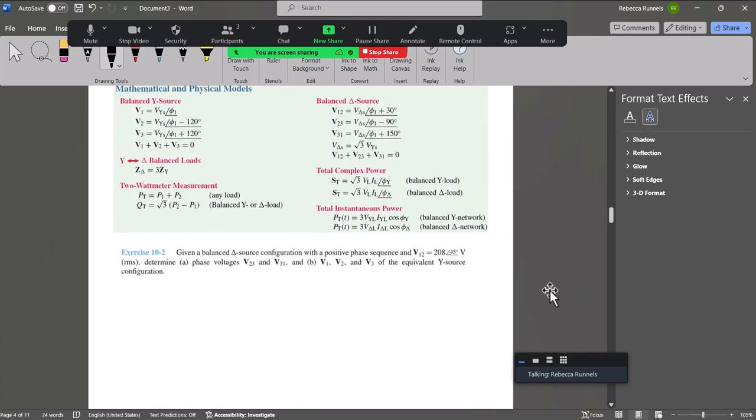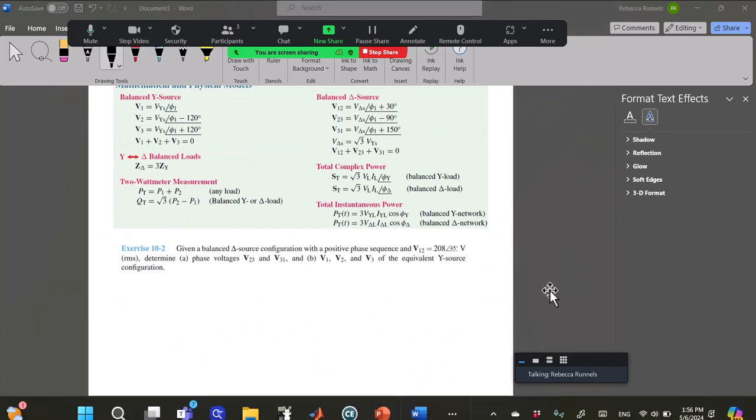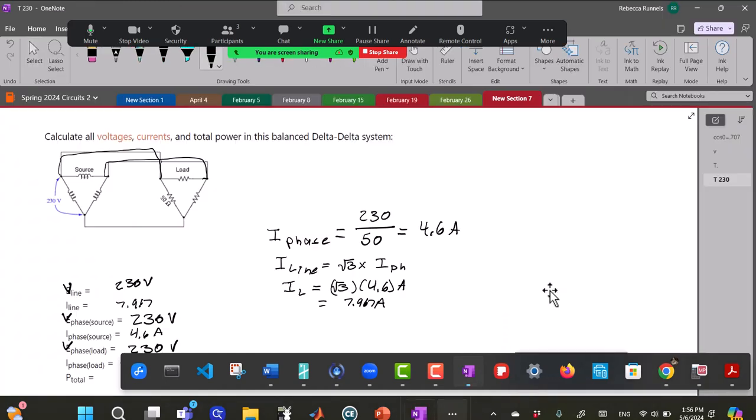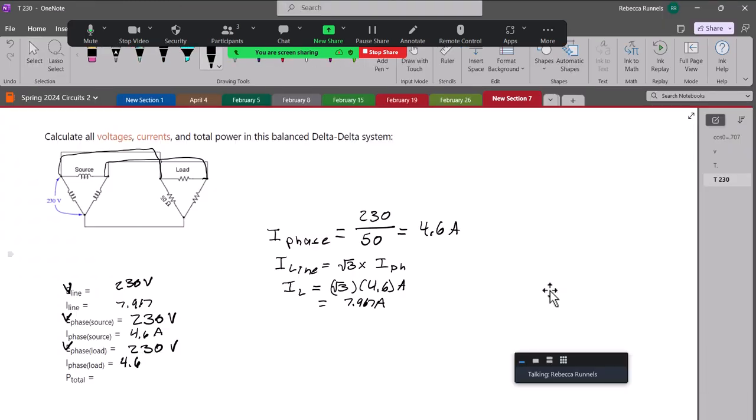Well, it has to be, because if we look at our circuit, what kind of power are we talking about? It's the power from these 3 resistors right here in the load. And what is the power for a resistor? It's I squared R. You could use any of your different power formulas to come up with it, and there's 3 of them.